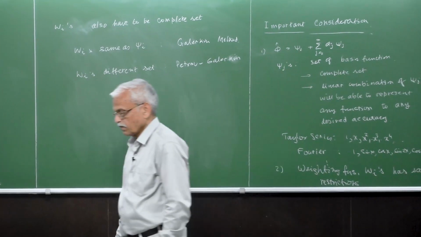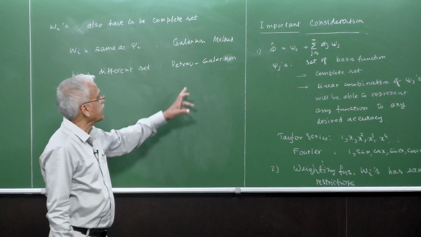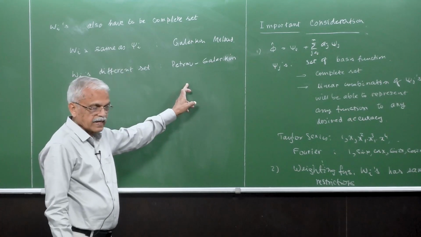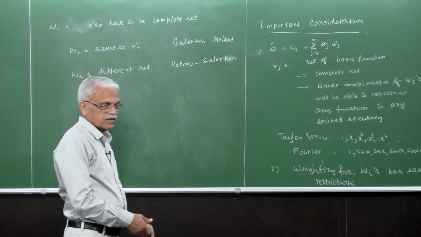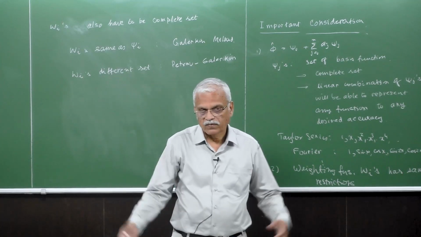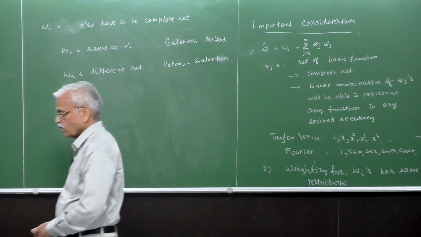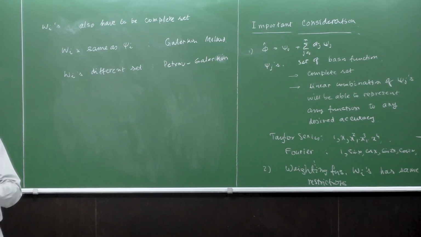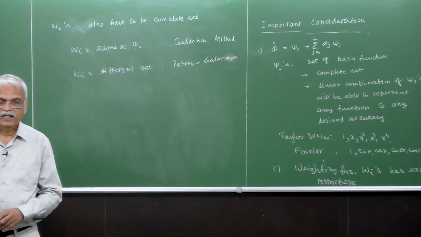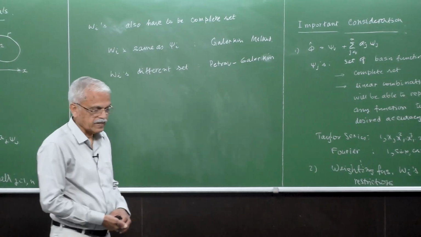This has tremendous advantage from the computational point of view. Whereas the Petrov-Galerkin is very general, and in certain situations, like in fluid mechanics, it is better that we use different sets of these w's and psi's.